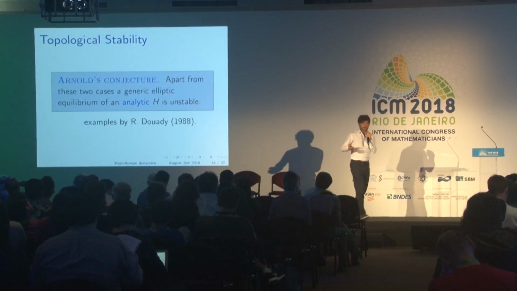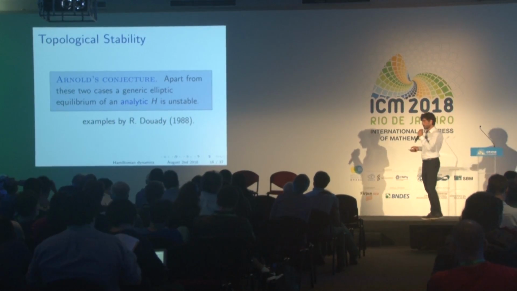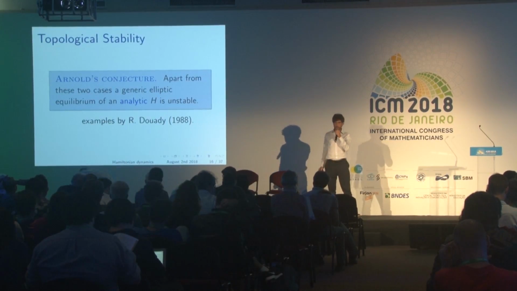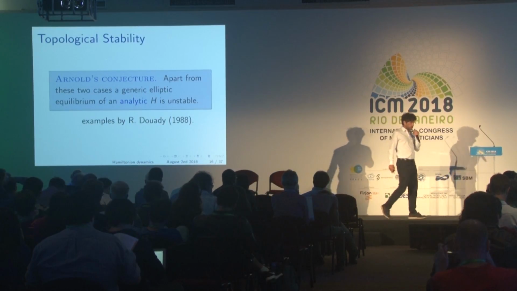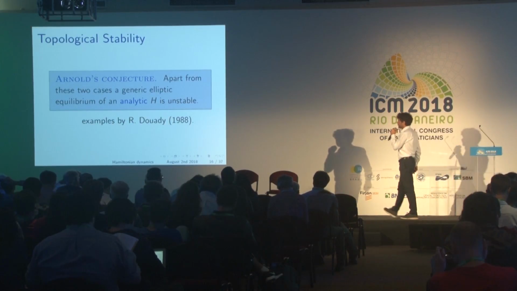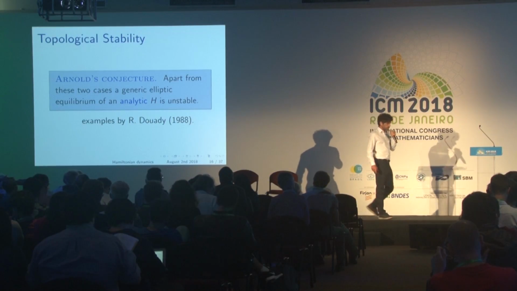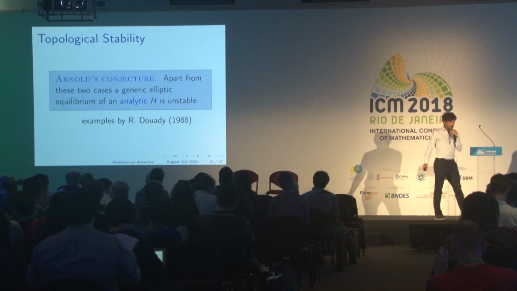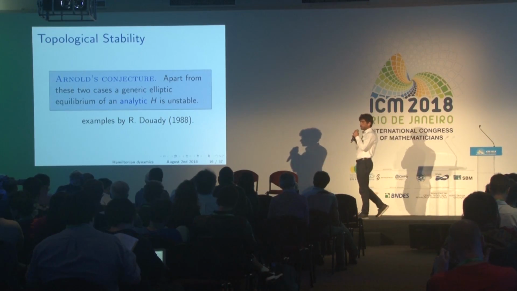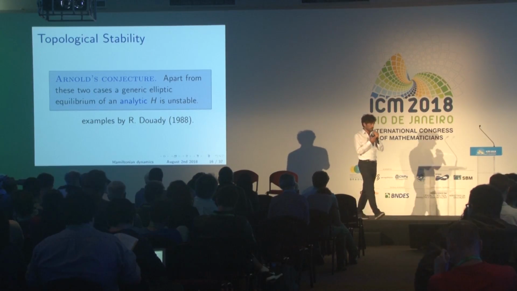We have today a lot of activity on genericity of instability. There is some progress, at least for action angle systems like quasi-integrable Hamiltonians, but we still don't have the genericity. And what we really don't have is analytic results. In analytic, we don't have even a single example of an elliptic equilibrium that is non-resonant and unstable.